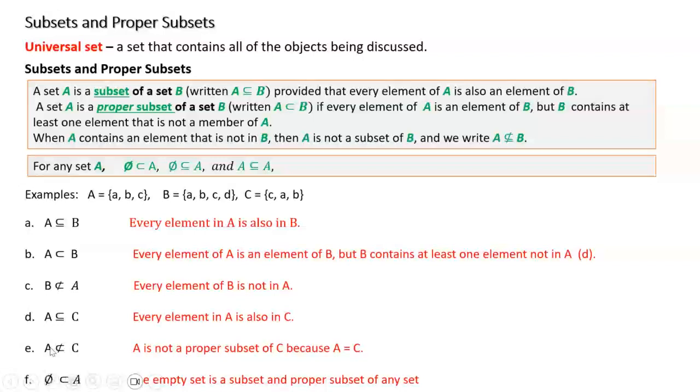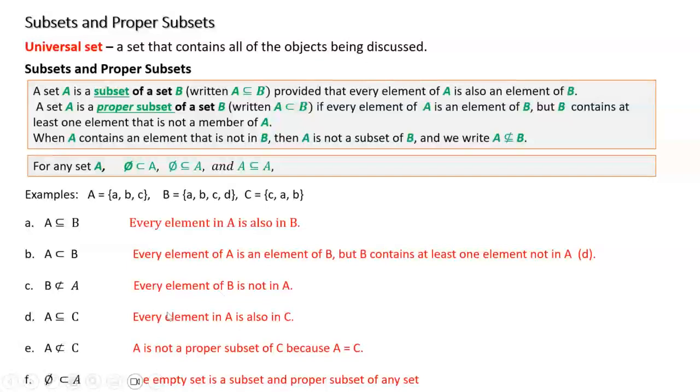Now let's do E. A is not a proper subset of B. Wait, this is correct, right? Because here's the definition again. For a proper subset, every element of A is an element of B, but B contains at least one element not in A. In this case, A is not a proper subset, because every element of A is in C, but C does not contain an extra element.